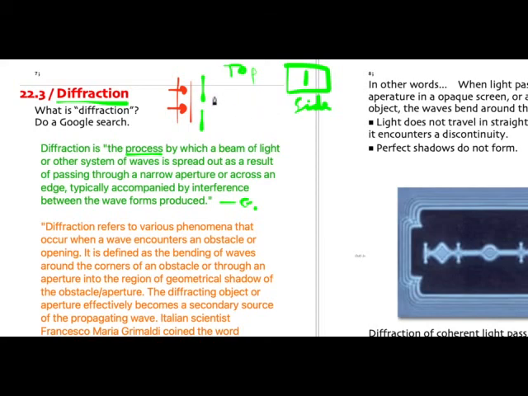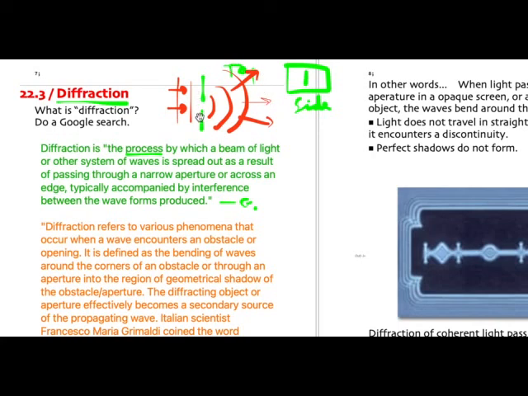What we observe is the waves spread out as they go through the slit. And so we'll have some intensity going straight down from the slit, but we'll also have some intensity traveling away from the direction downstream from the slit.